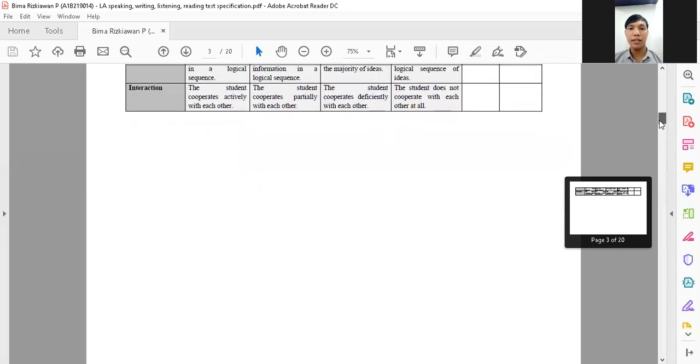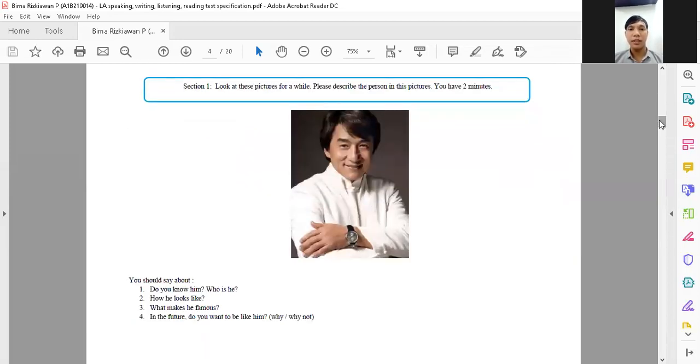And next, for the example of this test specification, in section 1, look at this picture for a while. Please describe the person in the picture. You have 2 minutes. We know that in this picture is Jackie Chan.